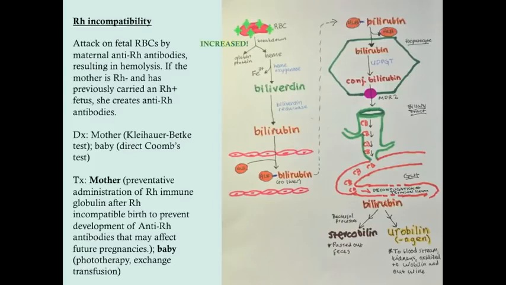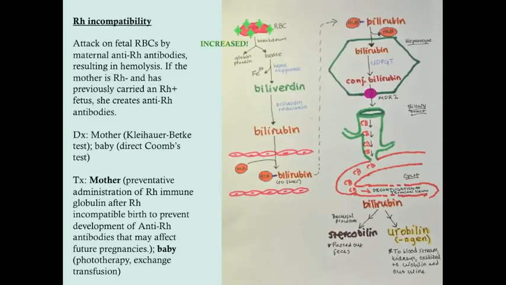So if mom is Rh negative, and it's her first pregnancy with an Rh positive fetus, even though there is exposure to blood, she's not going to create the antibodies to attack that fetus. But if she has had a pregnancy with an Rh positive fetus, and then she has another pregnancy with an Rh positive fetus, now the antibodies are there and it can attack that fetus.